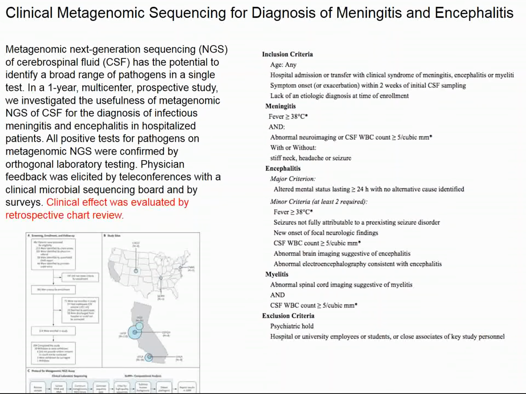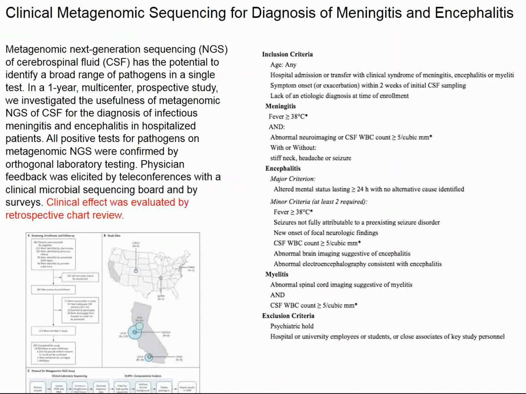And these patients also obviously underwent conventional diagnostic gram stain cultures, antibody tests, and these kinds of things, analysis of the cerebrospinal fluid. This ran parallel, and then these two approaches were compared by a retrospective chart review.